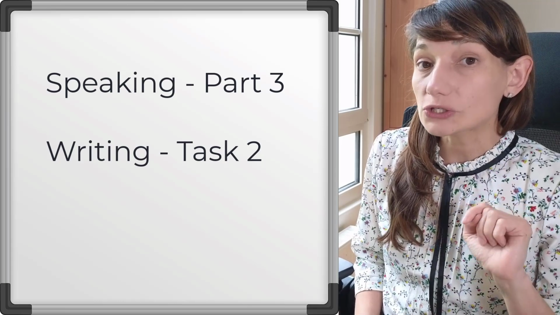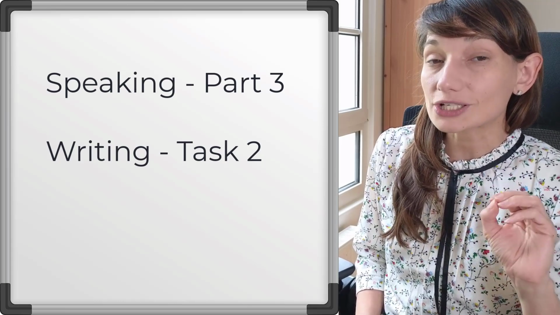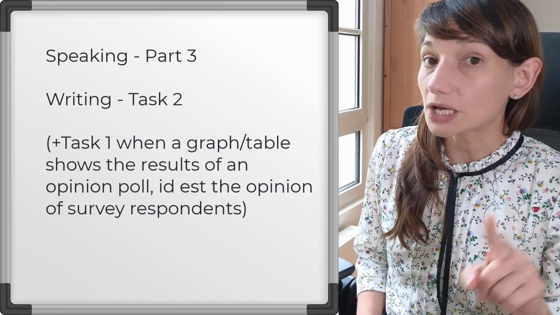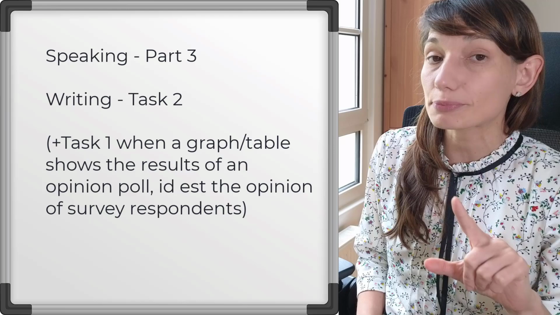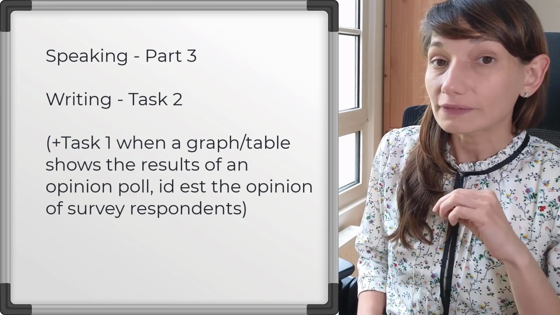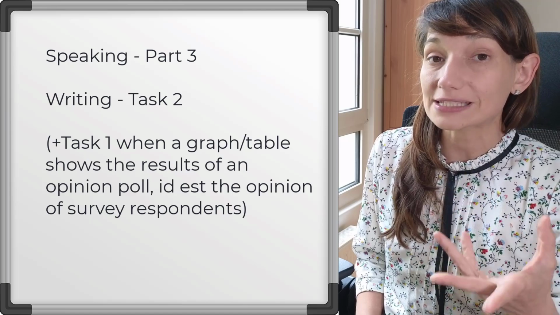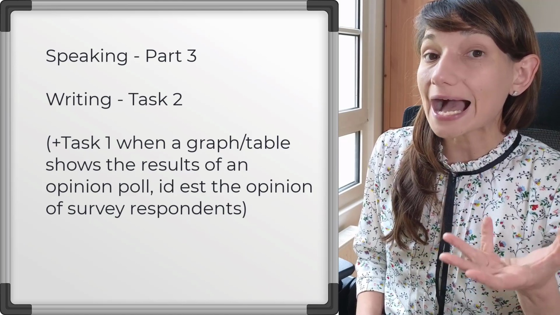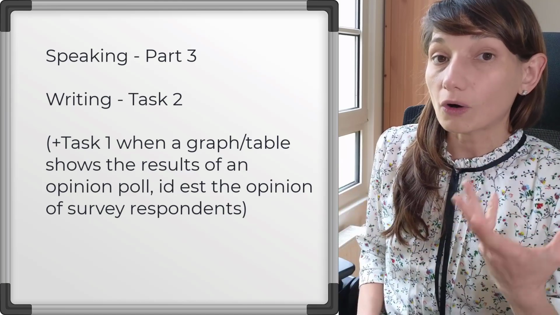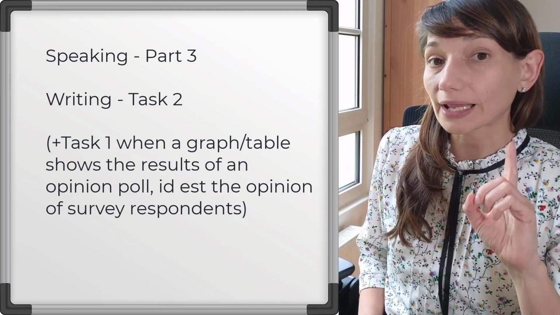However, you can also use these verbs, expressions, and nouns in the first task. Yes, in the first task, you should not express your personal opinion about the data that you are given. The same goes for PTE Academic when you are asked to describe a graph on the speaking section.